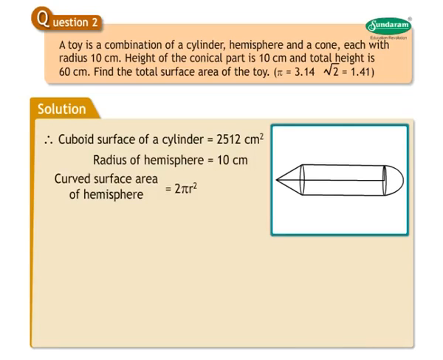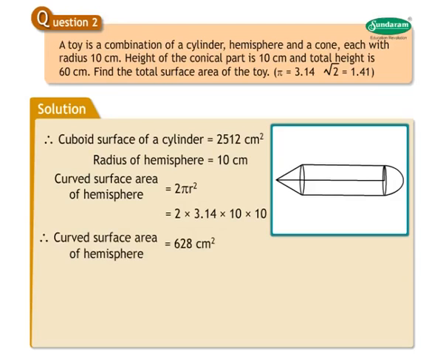Radius of hemisphere is equal to 10 centimeters. Curved surface area of hemisphere is equal to 2 pi r square. By substituting the values, we get 2 into 3.14 into 10 into 10. Therefore, curved surface area of hemisphere is equal to 628 square centimeters.